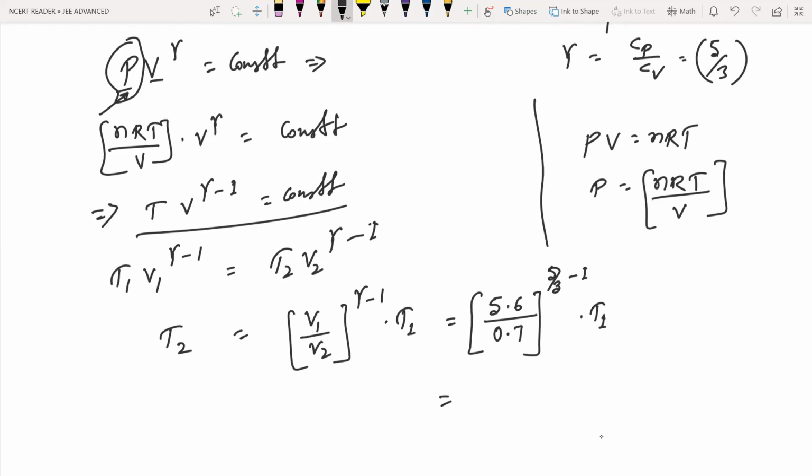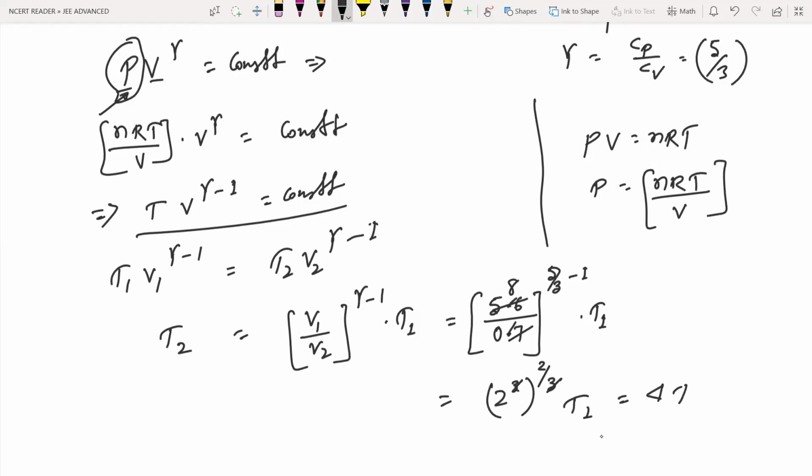So this value is 8. Simplifying, this is 5 minus 3, which is 2 by 3. So 8 can be written as 2 cubed, and with 2 by 3 in the power, this 3 and this 3 cancel out.